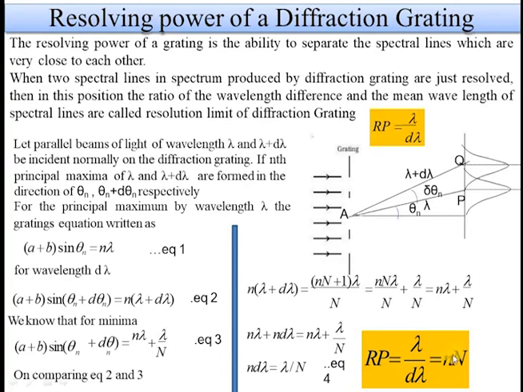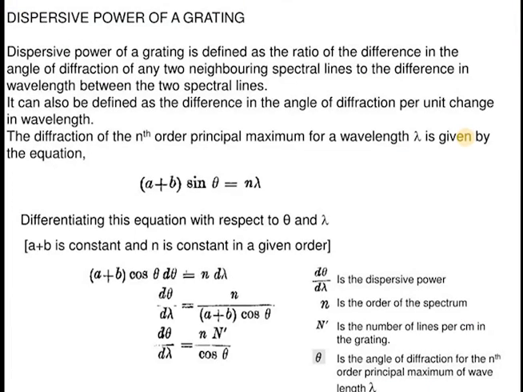This is the expression for the resolving power of a diffraction grating. So just keep in mind resolving power lambda by d lambda is equal to small n into capital N, and try to study the derivation.